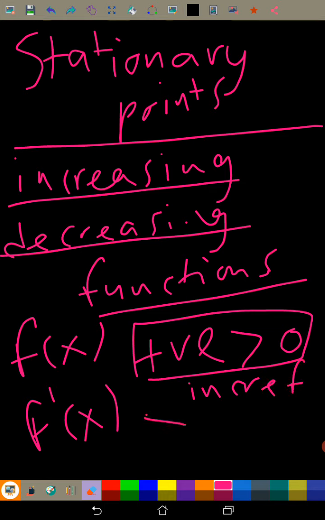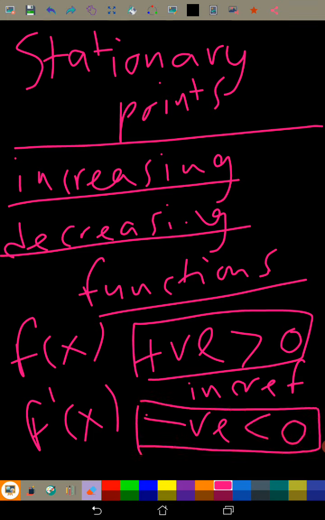But if it's strictly negative, then it is a decreasing function. So we understood those things the last time. So now we are moving on with stationary points.